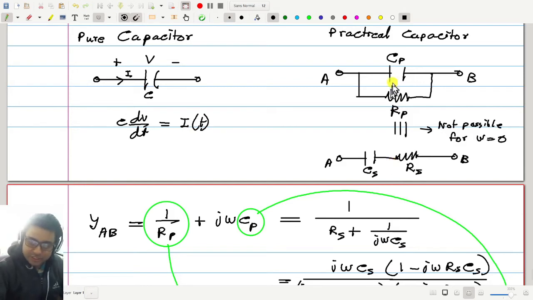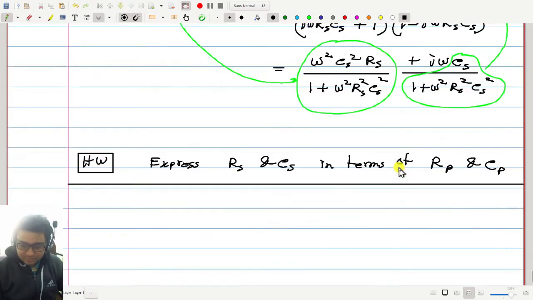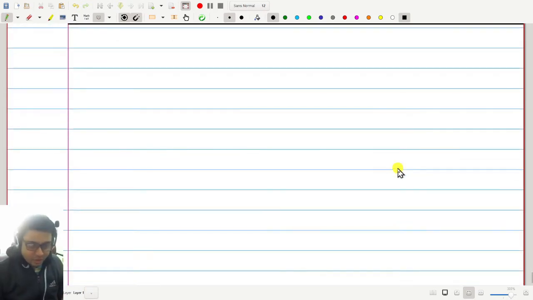So this modeling is basically an equivalence which is true for steady state analysis under a fixed AC frequency. In transient, we are not going to use this for transients. That's fine, Shubham. Yes, sir. Okay.